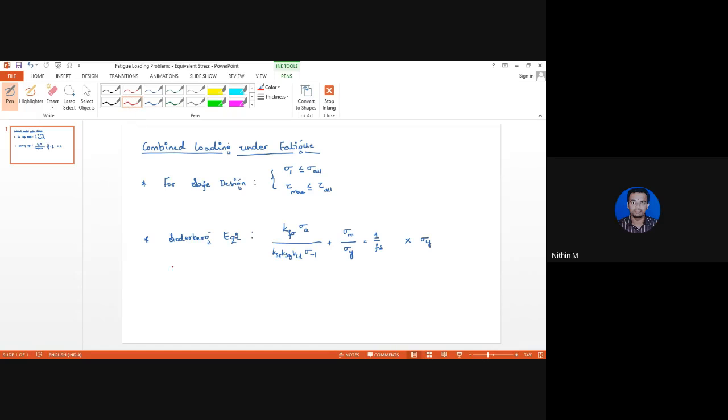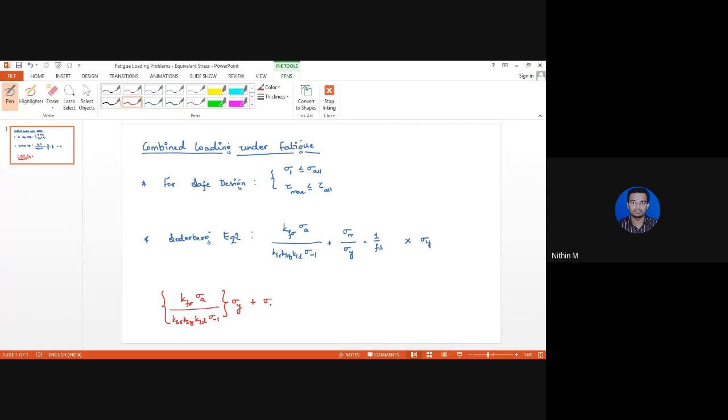I will get an equation of the form Kf sigma multiplied by stress amplitude divided by KSR, KSZ, KLD, right, into sigma minus 1, the entire thing multiplied by the yield strength of the material plus sigma m by sigma y into sigma y.